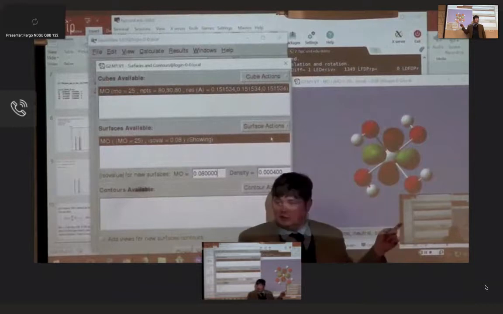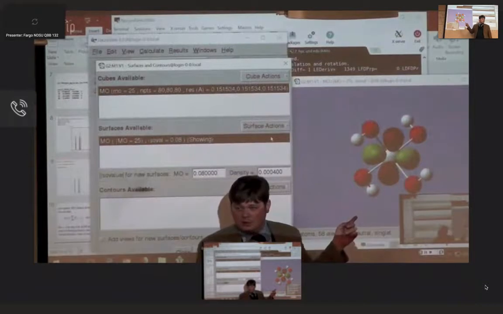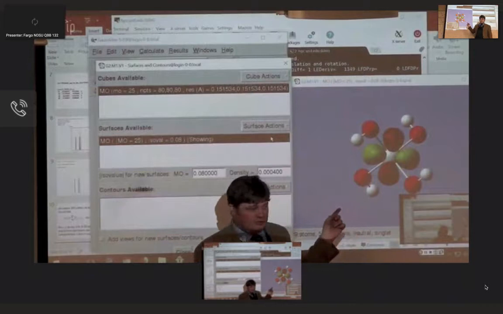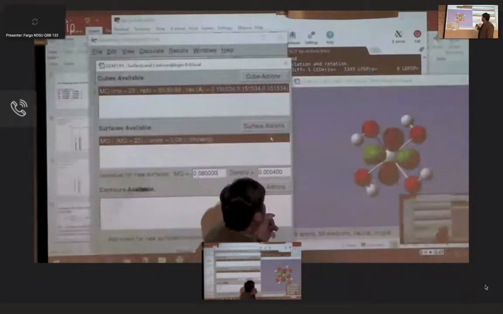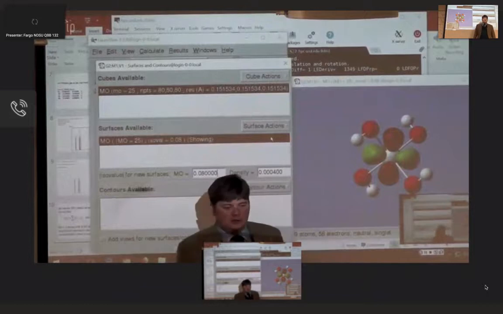So this was the LUMO, right? Number 25. Okay. Which figure are you getting if you draw the highest occupied, HOMO? What was the question?